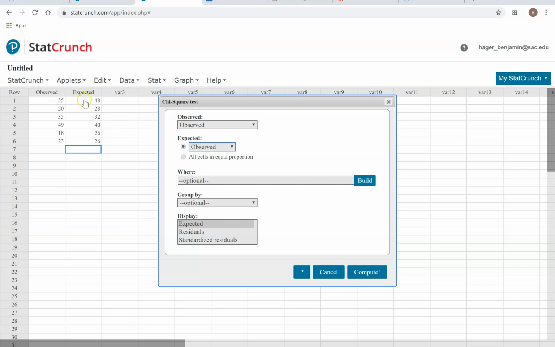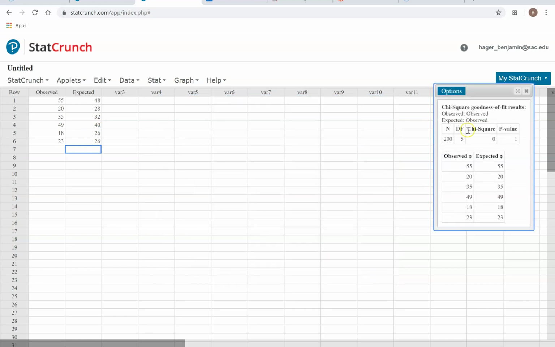Then you don't actually have to put in the expected. You could just hit this button that says all cells are in equal proportion. So if M&M's claim that everybody's equally distributed, there's the same percentage for every color, then I would just hit that. I wouldn't actually go through and calculate them. I wanted to, even though I found the expected, I'm just going to go ahead and leave it there.